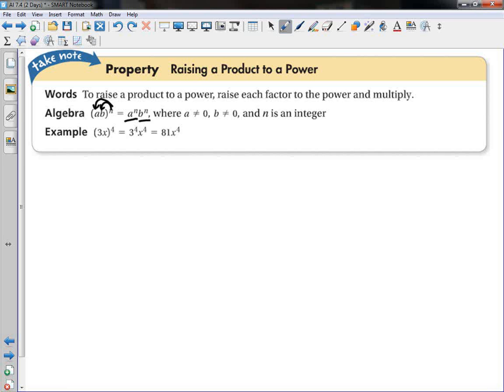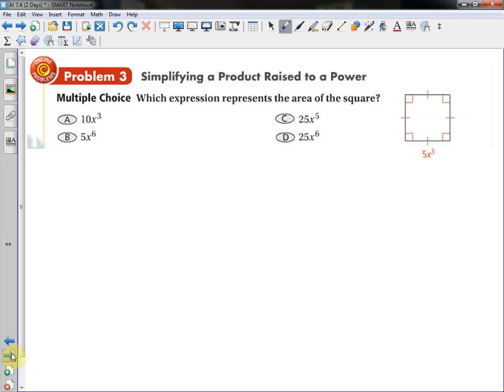Okay, and here's an example where we have 3x to the 4th, 4 to the 3rd power, 4 to the x power, and then we simplify. Okay? So you'll hear me refer to that as the distributive property of exponents.